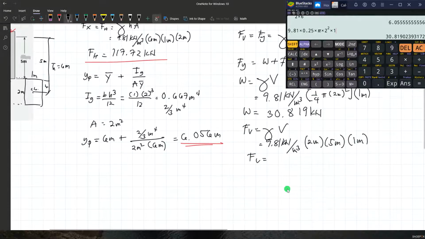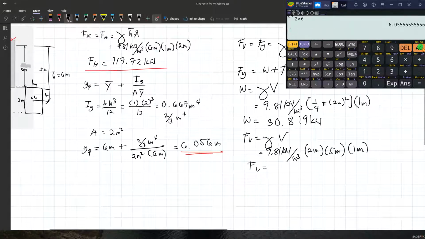So the vertical force is 9.81 times 2 times 5 times 1, that is 98.1 kilonewtons.